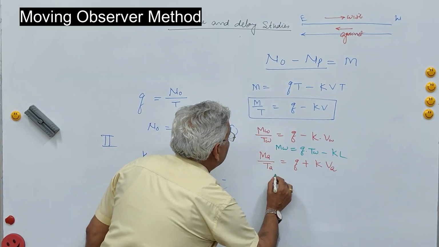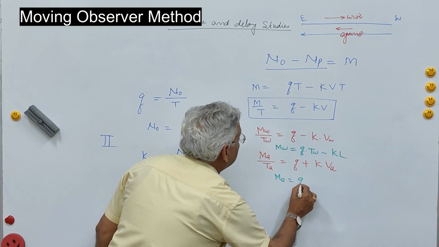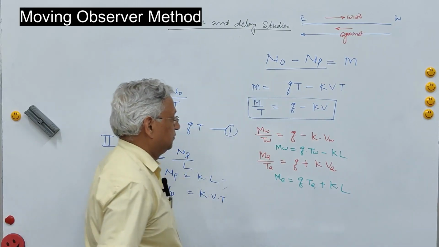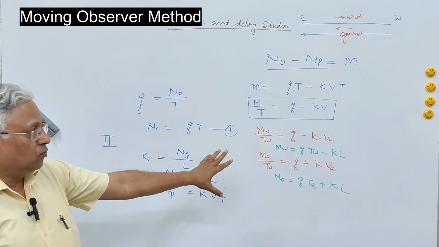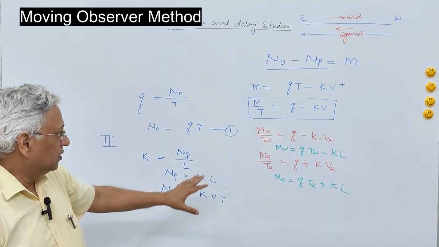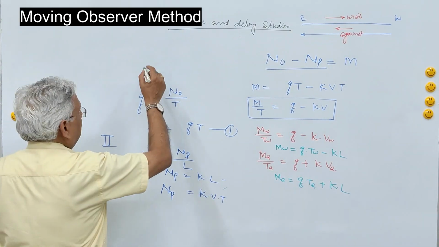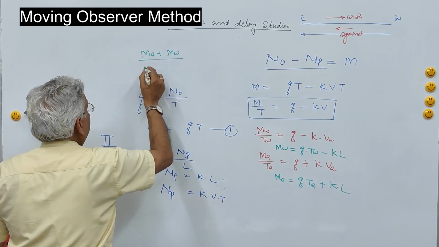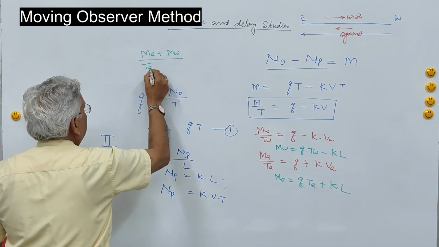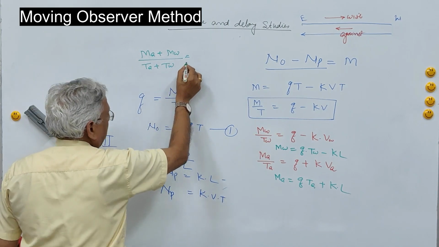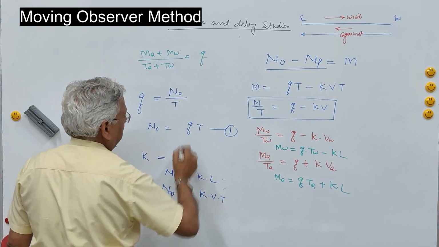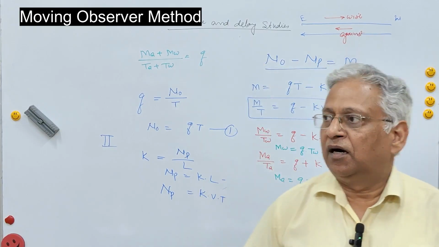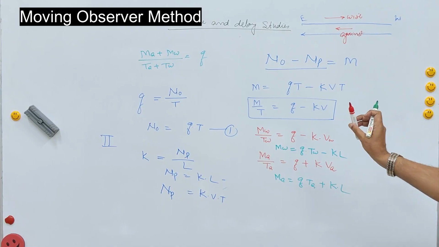And similarly you can write qta plus k into l. These two equations will give you q equal to ma plus mw upon ta plus tw. That is how you can find out the flow.